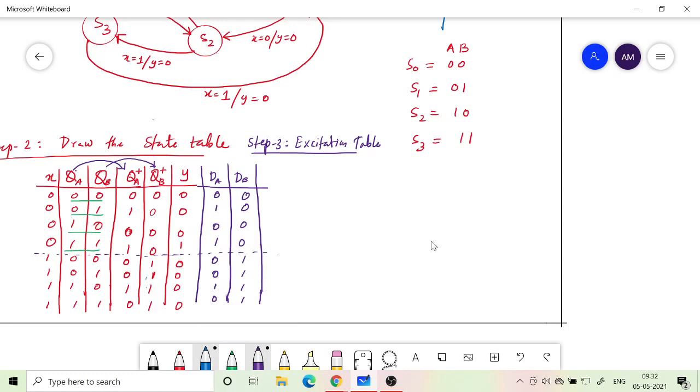Okay, so to generate that, we use the map simplification. For example, this is our independent variable, and these are our dependent variable. Okay, so these are treated as the independent variable.